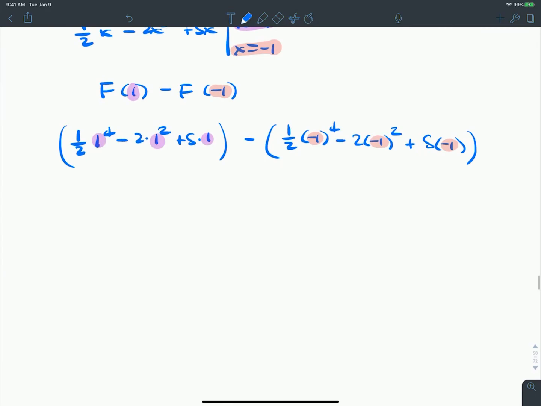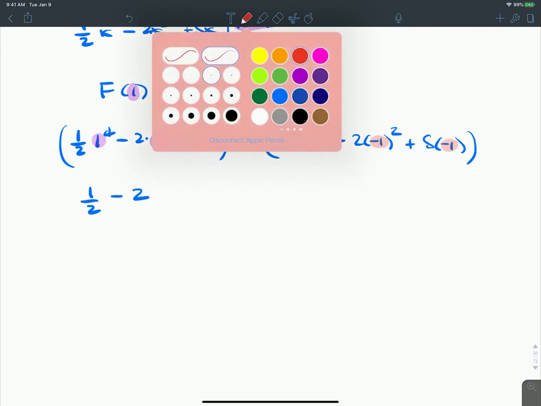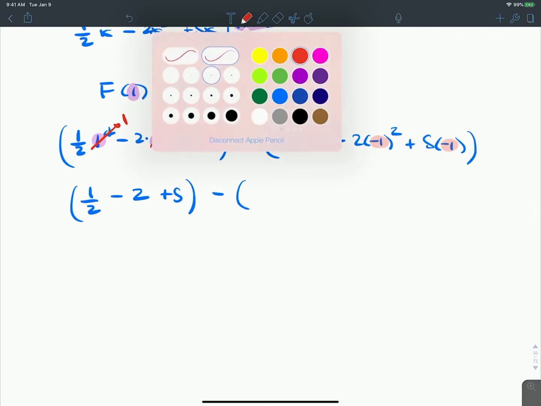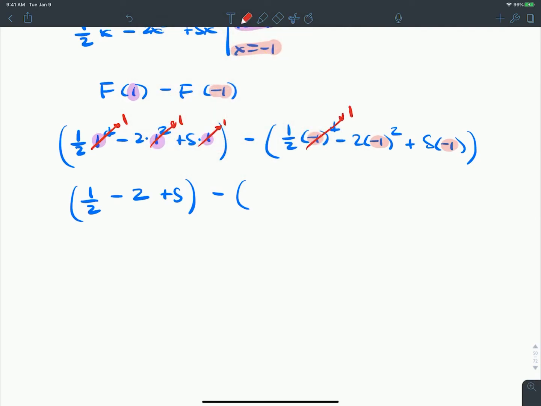So this is going to give us some arithmetic, meaning negative 1 to the fourth power is 1, so I have 1/2. This will be minus 2. Here's what I'm saying. This is 1, this is 1, and this is 1. So we end up here with 1/2 minus 2 plus 5 minus negative 1 to the 4th power is positive 1.